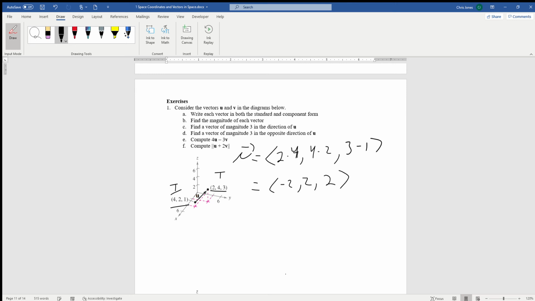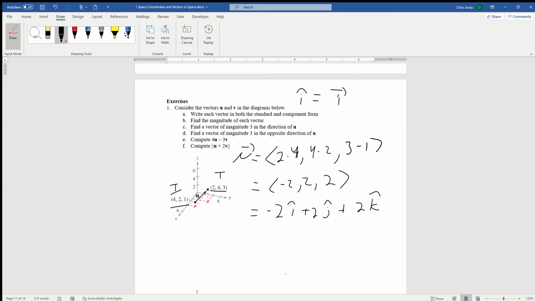That's in the standard form, which is the same as minus 2i plus 2j plus 2k. And again, if you've seen this before, that's another notation for a vector if you put a hat on it. This is the same thing as i with an arrow over top of it.